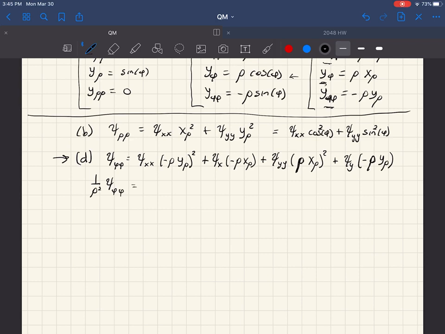So on this one, we get psi xx, y of rho squared. This one is actually going to be negative. I'm going to take this one and put them next to each other.